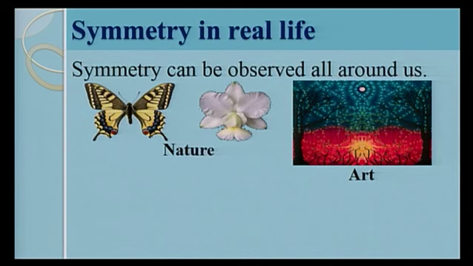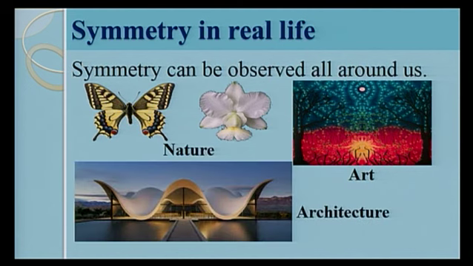You have a nice picture, and this picture is symmetrical. So you've got it in nature, in art, and also in architecture. For example, the nice building of MCB at Ebene is symmetrical.